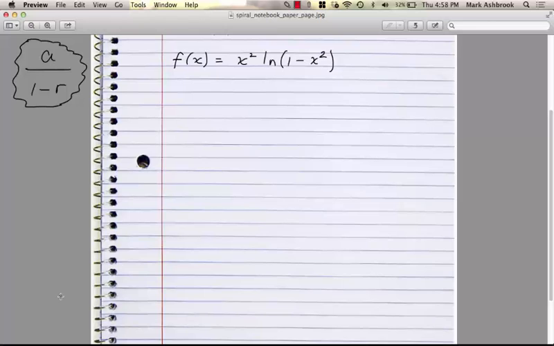Okay, we'll do that. For natural numbers, it's 1 minus x squared, x squared itself.